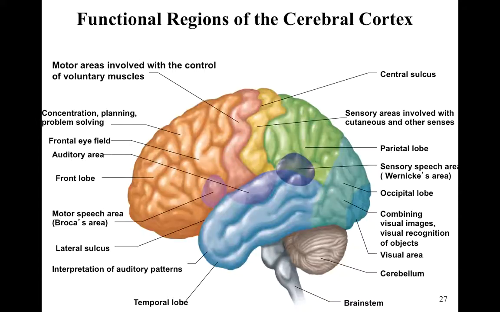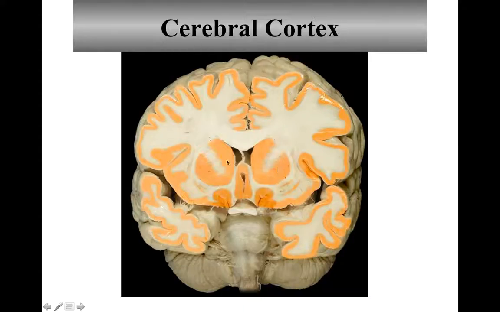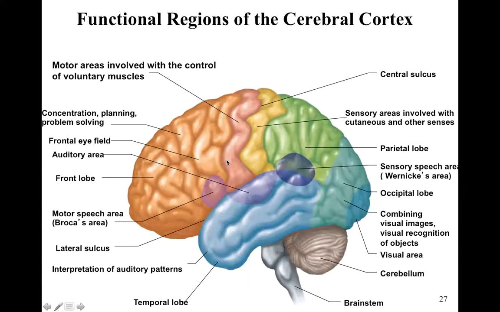Even though it's this thin layer of gray matter, and remember gray matter is the nervous tissue that's not myelinated, it has 75% of all the neurons in the nervous system. So 3/4 of all the neurons in the nervous system are found in this cerebral cortex.